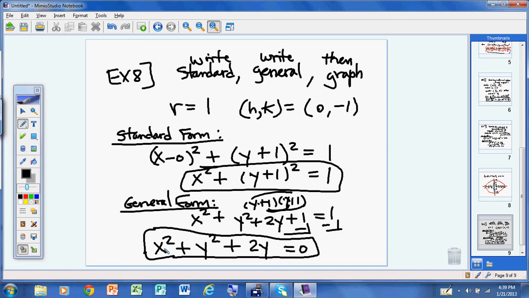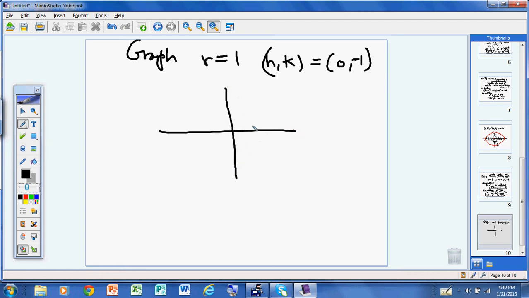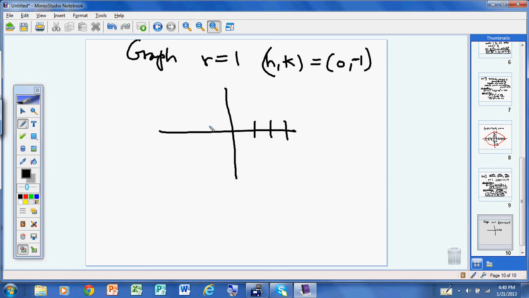Okay, so once again, let's look at the graph for this. If you've got a radius of 1 and an HK of 0, -1, so where is our center point at? 0, -1 is happening right here.